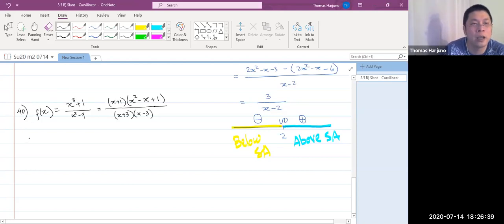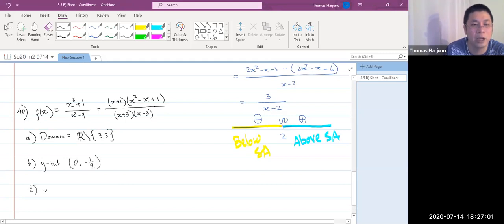So part A, the domain is all real numbers except negative 3 and 3. Part B, the y-intercept will be (0, negative 1/9).